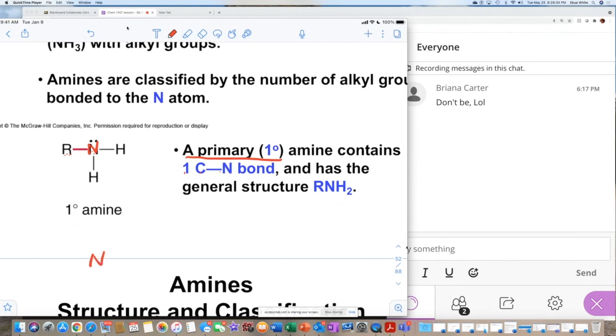It will look like this. You have a nitrogen attached to a carbon only once, and the rest of it is hydrogen. Oh, this is a lone pair here. So this is essentially primary amine. Now you can have other things here, but there's only one carbon and nitrogen bond. Okay, let me change this back to yellow.